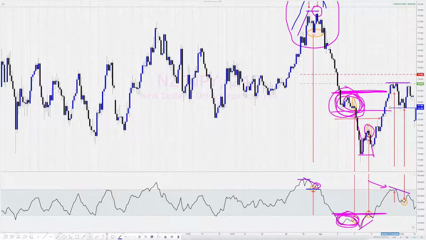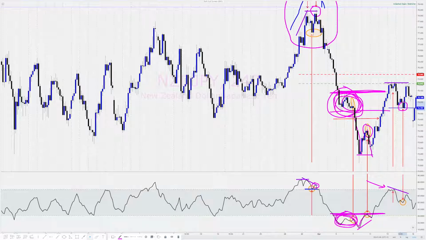It was a retest of our zone here, corresponding to our peak between the most recent divergence and a retest. It looks like we have another bar retesting the level. Let's see what happens on the next bar.